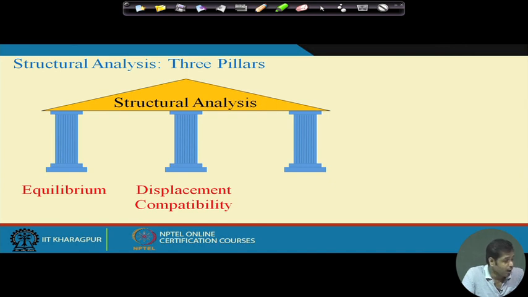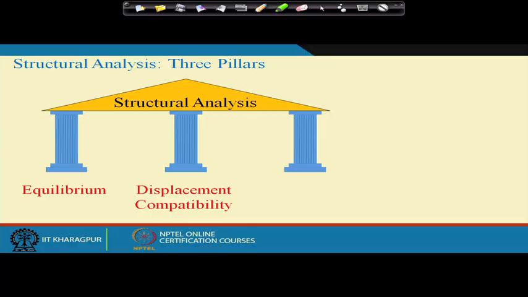Okay. Now, displacement compatibility means displacements at various joints should be compatible to each other. It talks about the continuity of the slope, whether displacement is allowed, whether rotation is allowed; all the constraints that a structure may have should be satisfied properly.